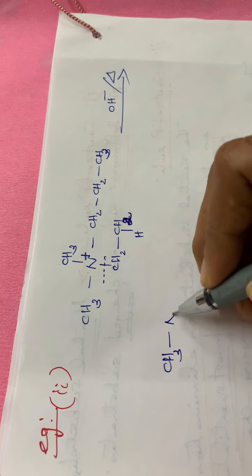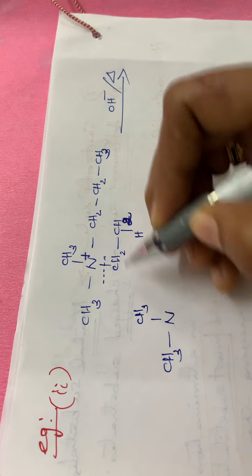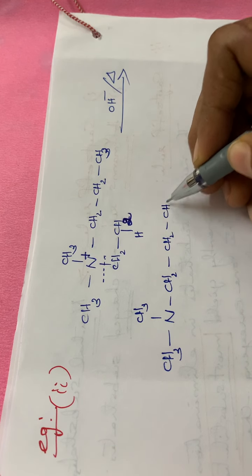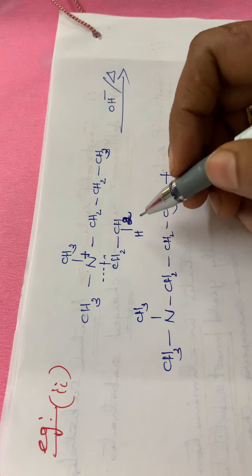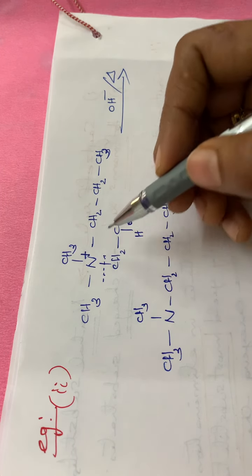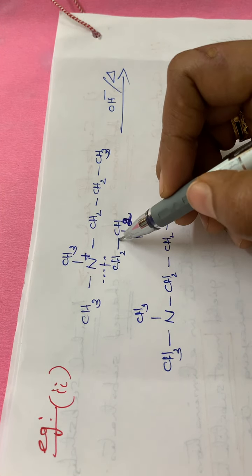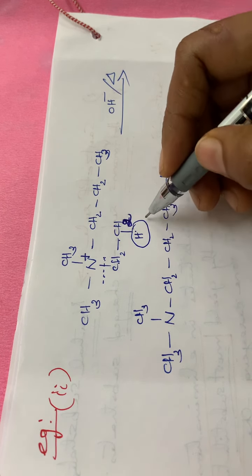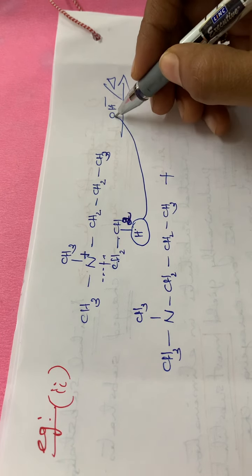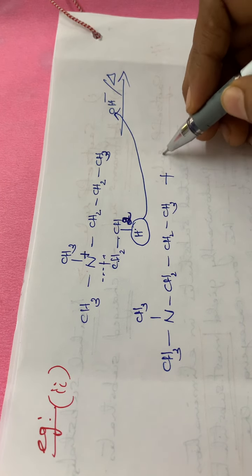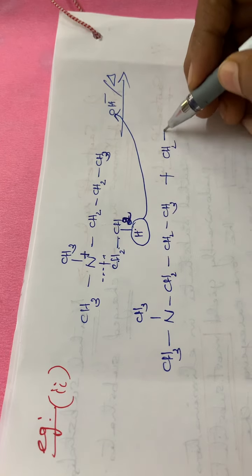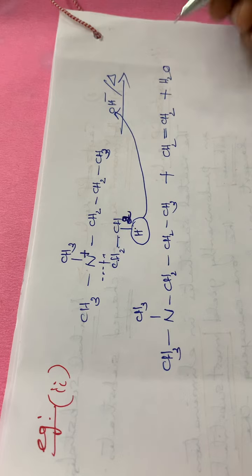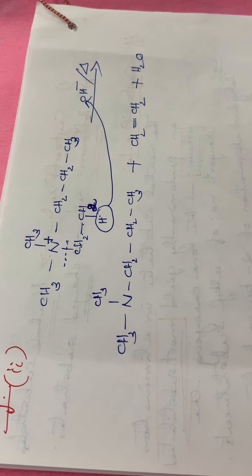So the product will be CH3, N, CH3, then CH2, CH2, CH3 plus what is the major product? See here at this position bond breaks, so it becomes CH2 double bond CH2. This hydrogen will be abstracted by this OH minus as H plus. So that is one product, that is CH2 double bond CH2, plus water molecule. This is one product.